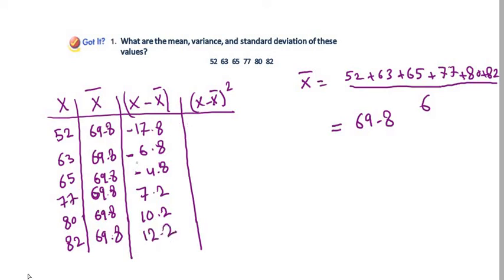We square each of these. Negative 17.8 squared is 316.84. 6.8 squared is 46.24. 4.8 squared is 23.04. 7.2 squared is 51.84. 10.2 squared is 104.04.